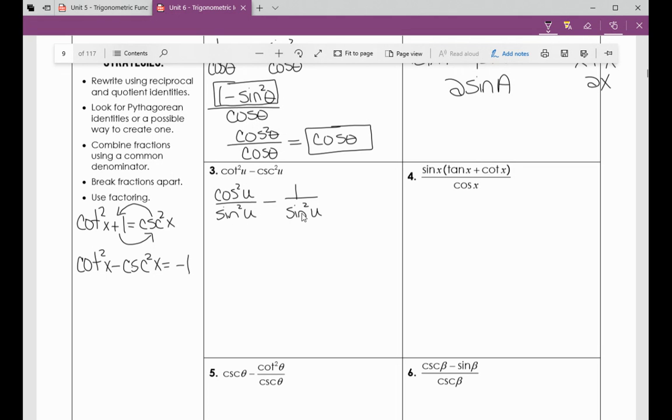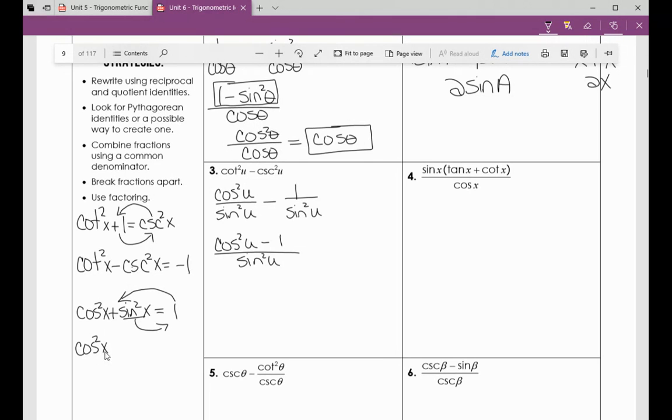So here I have a common denominator. So I get cosine square u minus 1 all over my common denominator. I can grab my Pythagorean identity, cosine square plus sine square equals 1. I can manipulate that to be cosine square minus 1. That means I have to subtract the 1, but I have to move that to the other side as well.